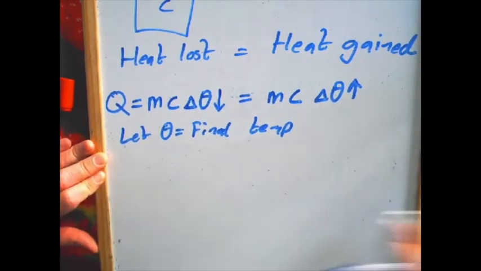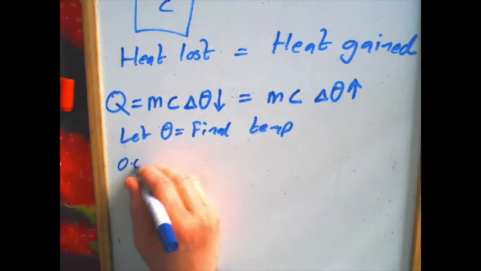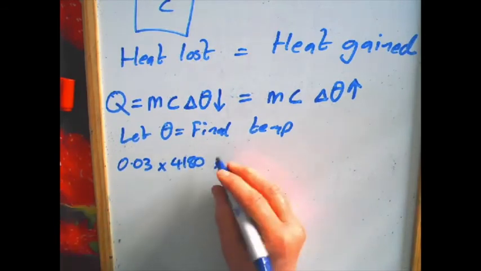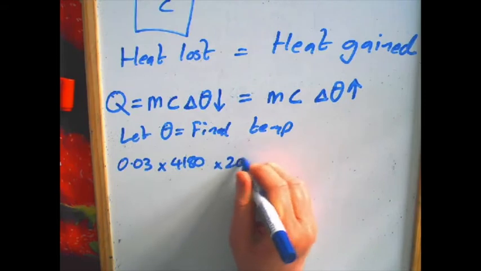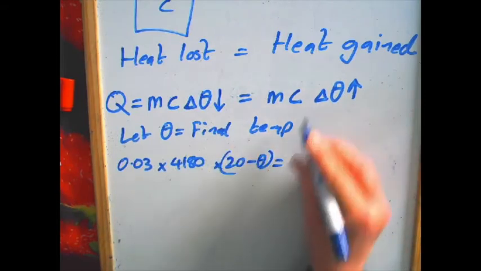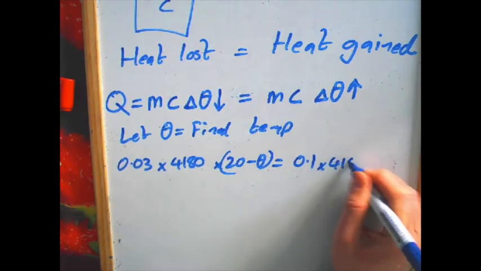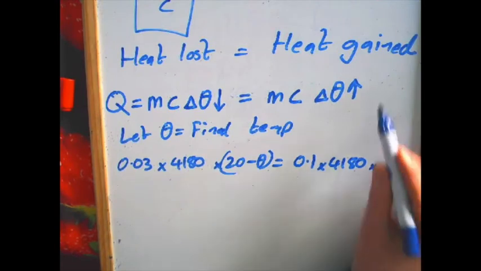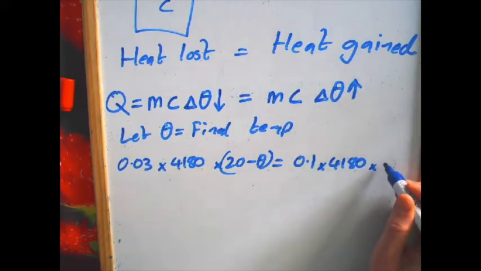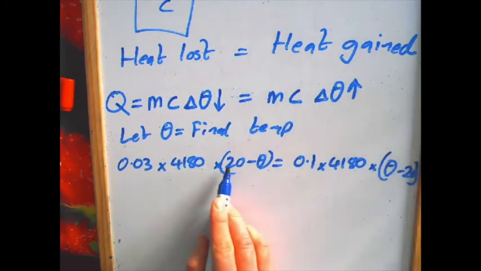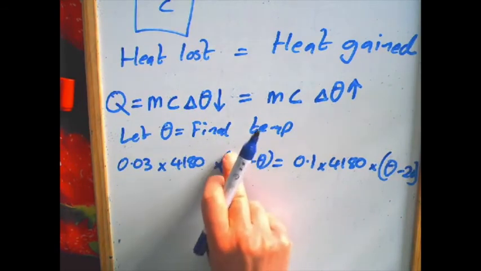So how much did we have? We had 100 grams, so 0.1 kg. The heat capacity of water is still 4180. Do you know what? Let me just do this a bit neater. For this one, I'm going to leave off units, just to make our lives a little easier. So we have 0.03 times 4180 times 20 minus theta is equal to the heat gained on the other side, which is 0.1 kg times the heat capacity of the water, 4180, times, and this time the temperature difference for the heat gained is the final temperature minus the starting.